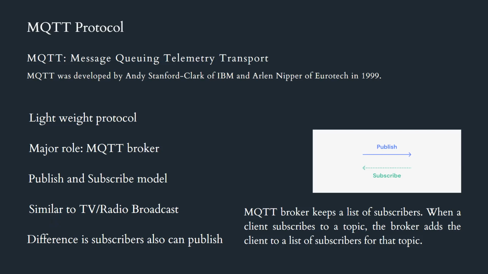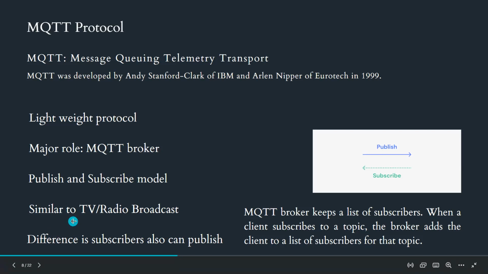In TV and radio broadcast, once we watch some TV channel, we are subscribing to that channel, right? The radio station or the TV broadcast station will select the channel that we have subscribed to and send that data to us.